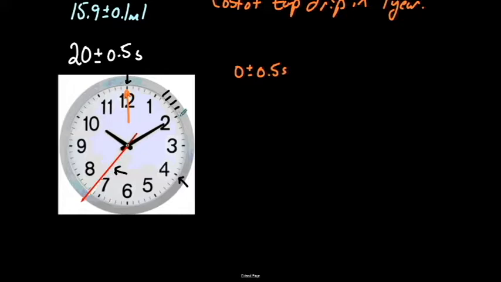And we ended over here at 20 plus or minus 0.5 seconds. And what we're actually looking at is a delta t, okay? So a final time here and an initial time here. So we have to account actually for the fact that there's uncertainty of where we started.